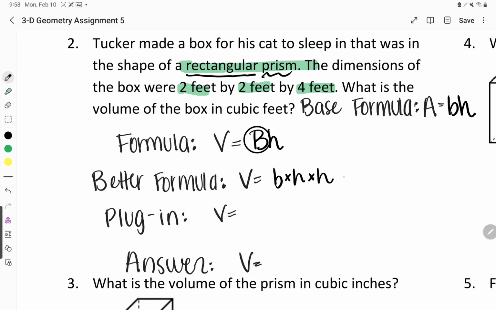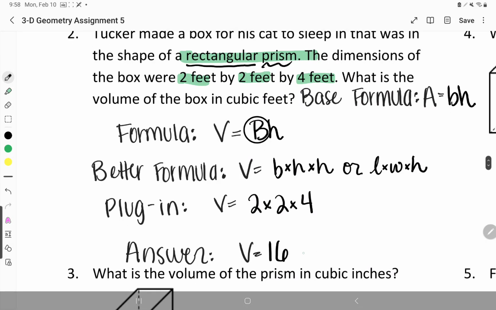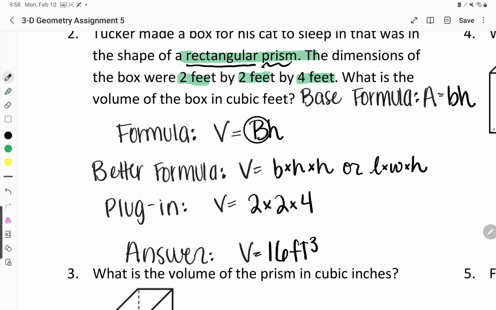A better way to write this would be length times width times height, which just means that all I have to do is go through and multiply each of my dimensions. So I have 2 times 2 times 4, which would give me what? You should have found 16 feet cubed.